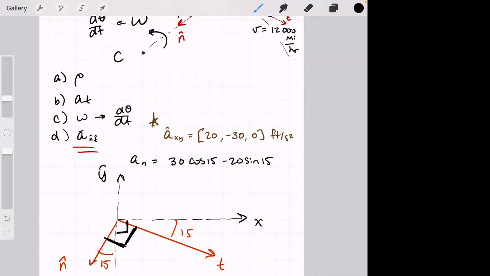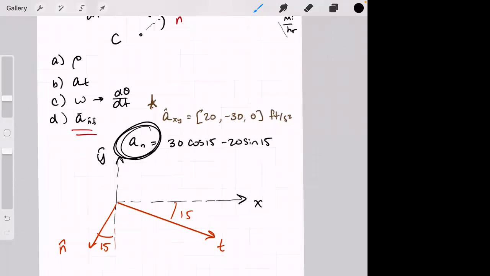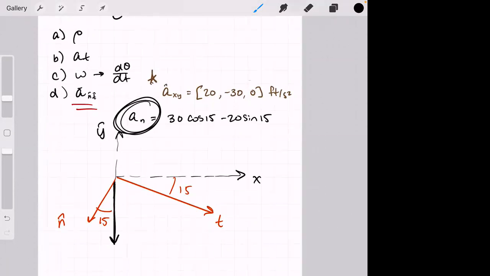So you have this rotation. We're now just looking at the normal, which incorporates gravity and a 20 feet per second squared.